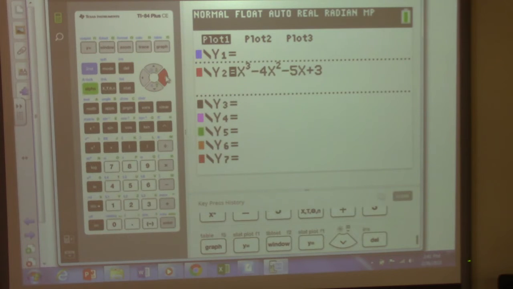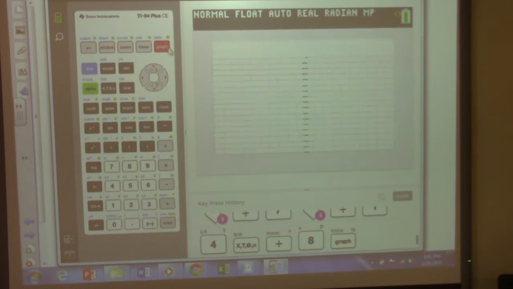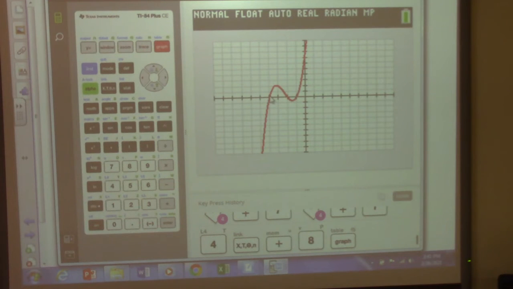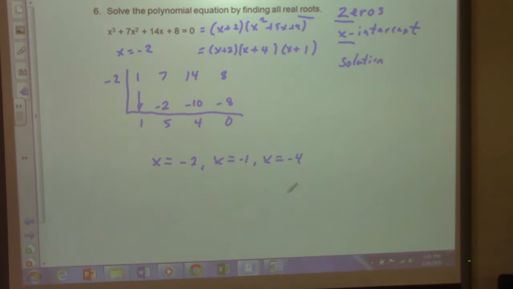Is it plus 14x plus 8? Yes. So graph this, we should see all the things. Negative 4, negative 2, negative 1. They're all there, aren't they? Everybody is there.